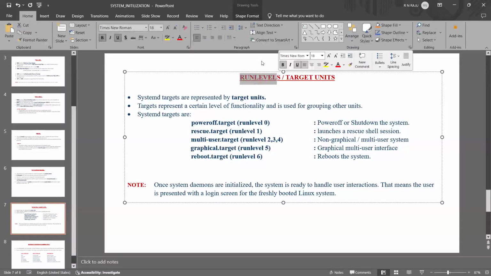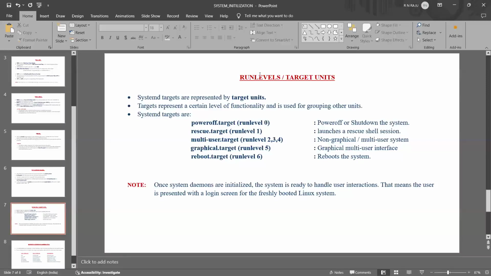I mean on the left side, run levels, initrd, those are the BIOS era, the old Linux operating systems. In the new operating system, I mean after RHEL 7, everything is replaced with the new one. Init is the old one, systemd is the new one. Simple point.